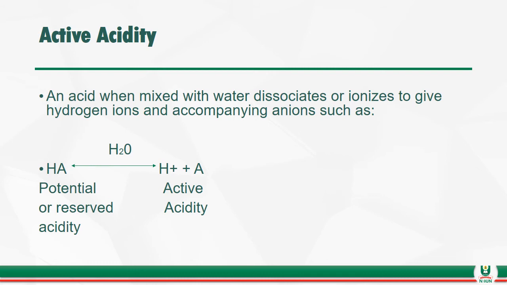We have potential acidity and we have active acidity. When this acidity is concentrated on the clay complex of the soil, on the clay surface, on the soil surface, it is known as reserved acidity or potential acidity. However, when it goes into solution, it becomes active acidity, because it is at this point that it can have effect on crops or any living organisms in the soil. So that is why we have active acidity as well as reserved or potential acidity.